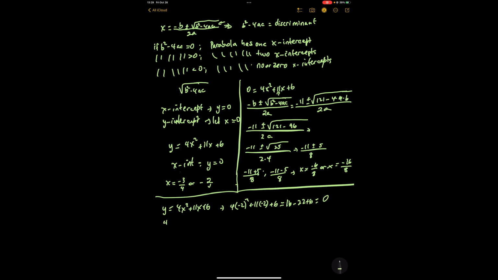So that's going to be 4 times negative 3/4 squared plus 11 times negative 3/4 plus 6.